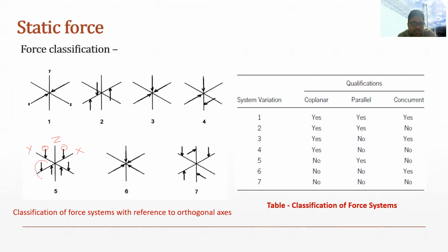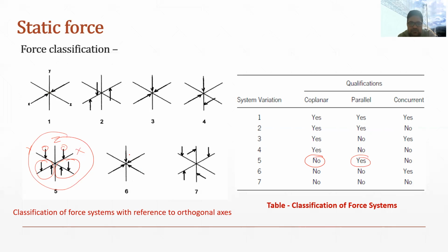Similarly, this force is in the plane of zx, and this force is in the plane of zy, which means all these forces are not acting in a single plane, but in two planes. So the whole force system is not coplanar. That is why in the fifth system I have written here that it is not coplanar. But all the forces are parallel to each other. So yes, they are parallel, but they are not concurrent.